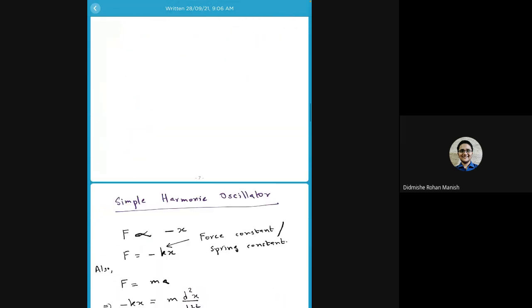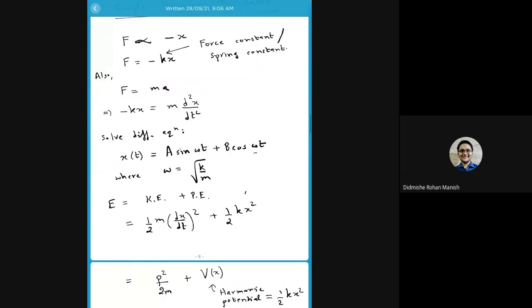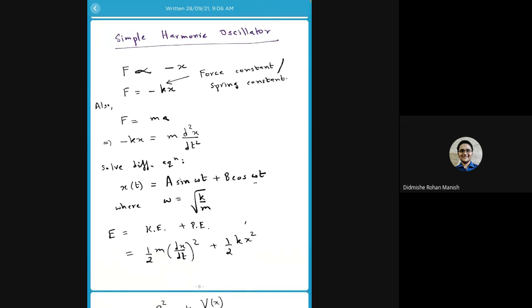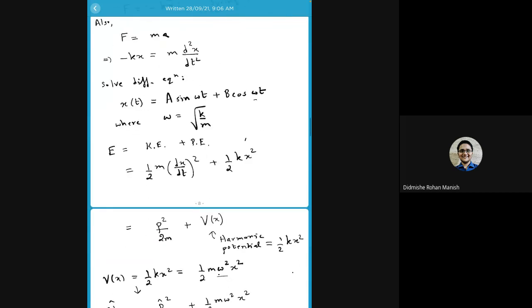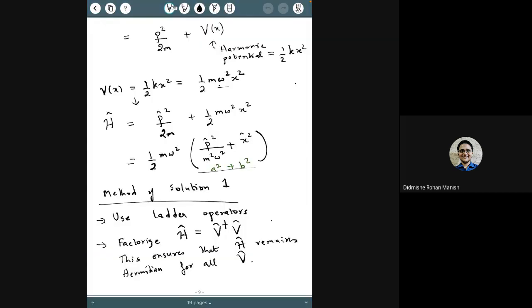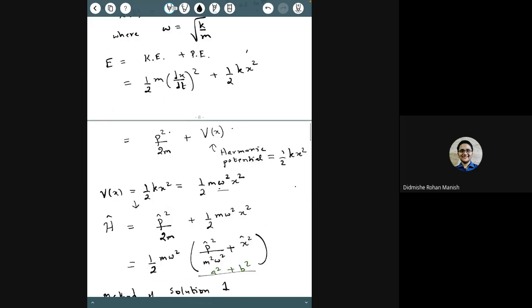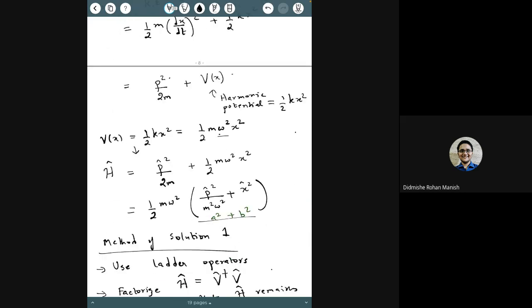We started the harmonic oscillator problem, and we used the classical energy expression in terms of the momentum and the potential. Then we replaced the classical momentum with the operator for momentum, as you usually do.